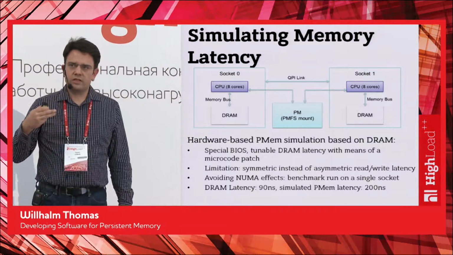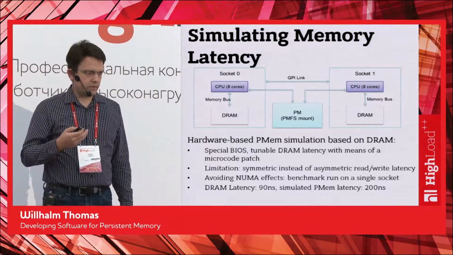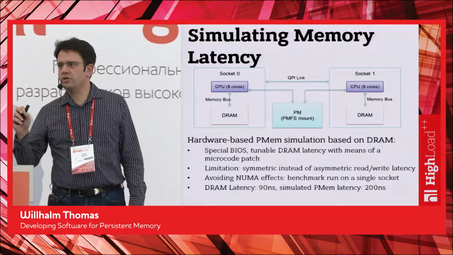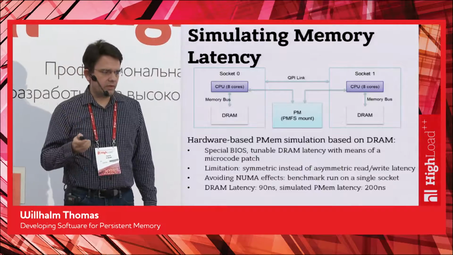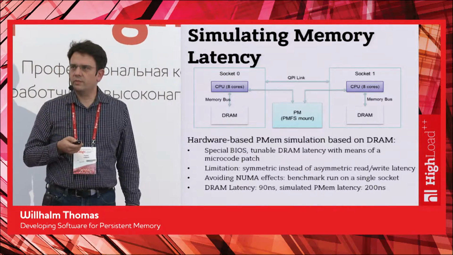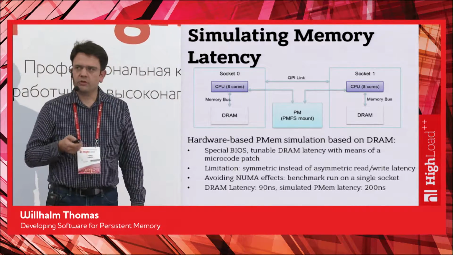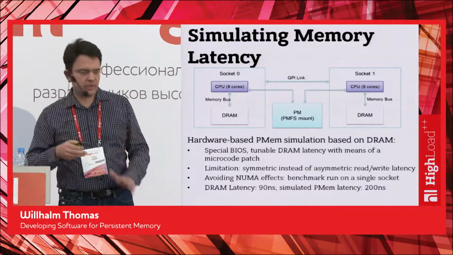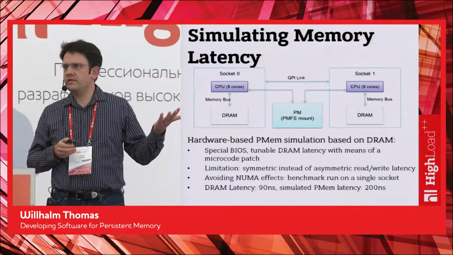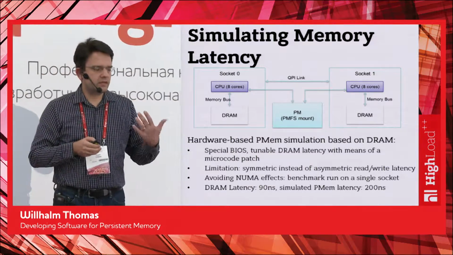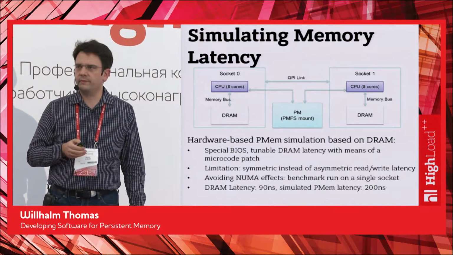We artificially slowed down the access to this memory by means of a special BIOS, a microcode patch. Whenever we access memory in this persistent memory region, the access is slowed down. In order to avoid NUMA effects, we just used one of the CPUs for our experiments, and we had a latency of 90 nanoseconds for DRAM and a simulated latency of 200 nanoseconds for our persistent memory.